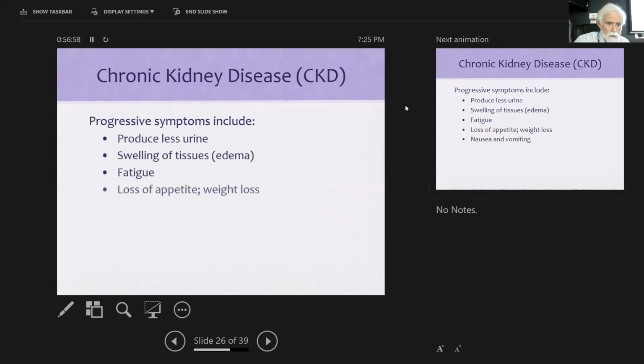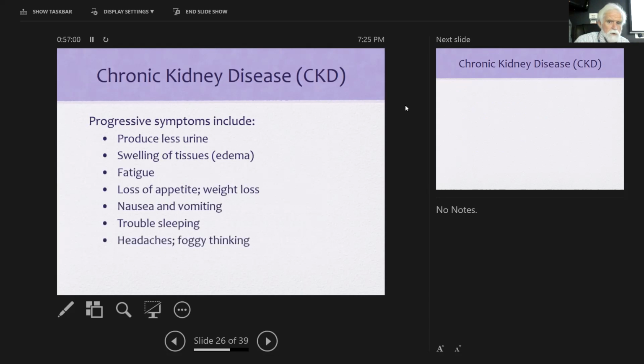So it comes on slowly. You can have a lot of symptoms that, other than producing less urine, you might not think are related to your kidney. But what we do is we look at all of that together with the reduced urine production, and we want to know what's going on with our kidney function.